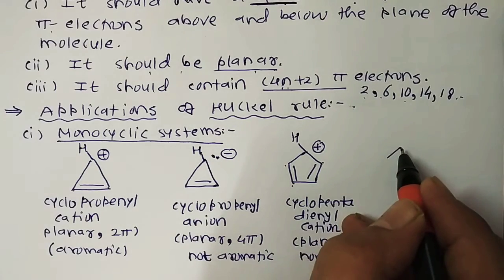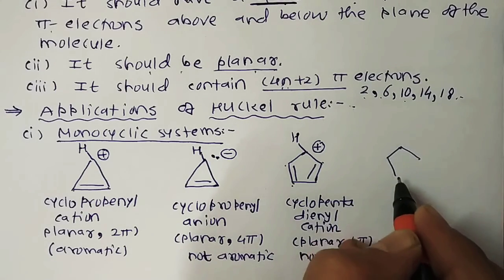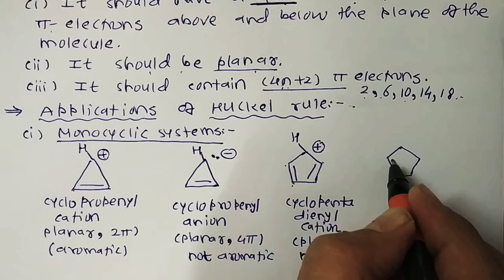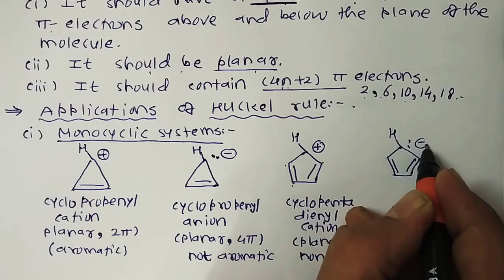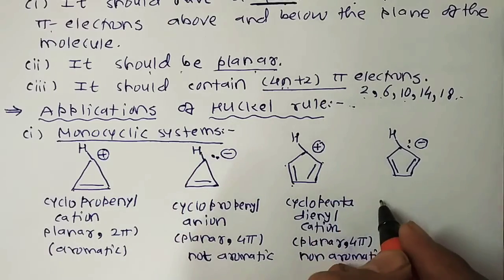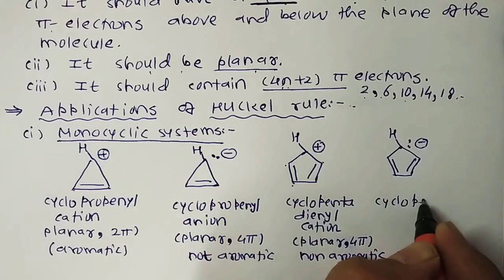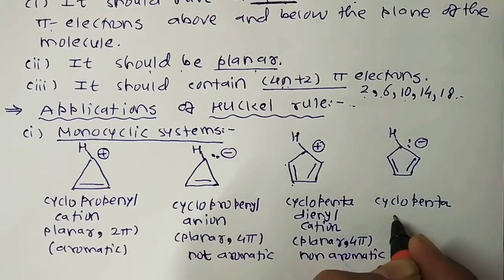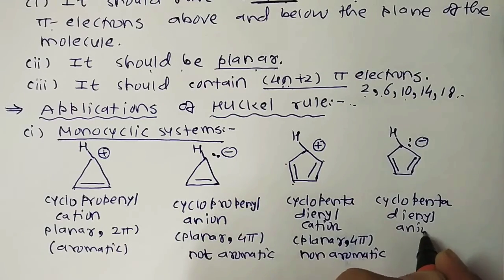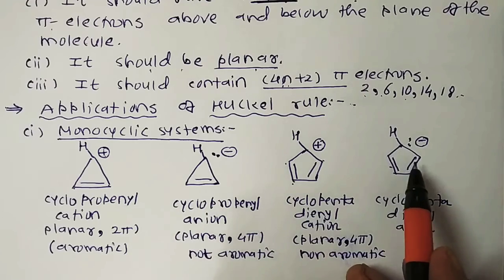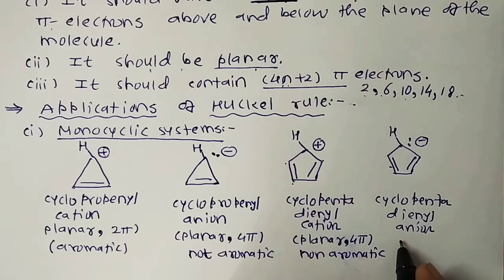One more example, same example, but not in a cation form, but in an anion form. Anion means extra electrons. The name is the same, cyclopentadienyl, but anion. How many electrons? 2 plus 2 plus 2 means 6 pi electrons.